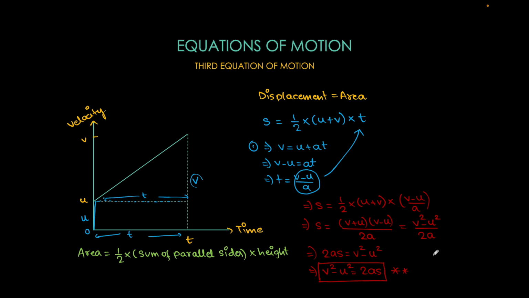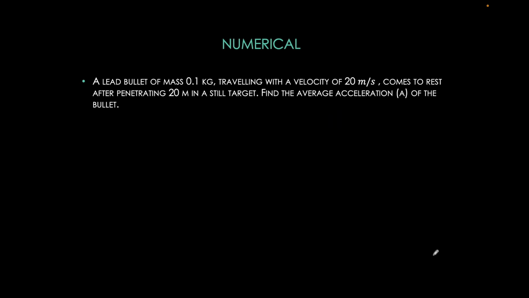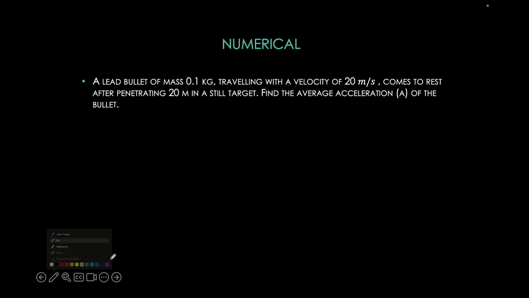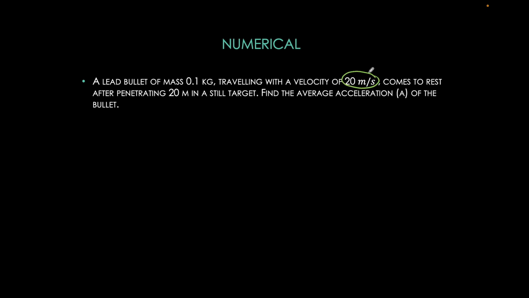So let us dive into our first numerical, which says that a lead bullet of mass 0.1 kg traveling with a velocity of 20 meter per second comes to rest after penetrating 20 meter in a steel target. Initially it was traveling with 20 meter per second, so this is the value of u.